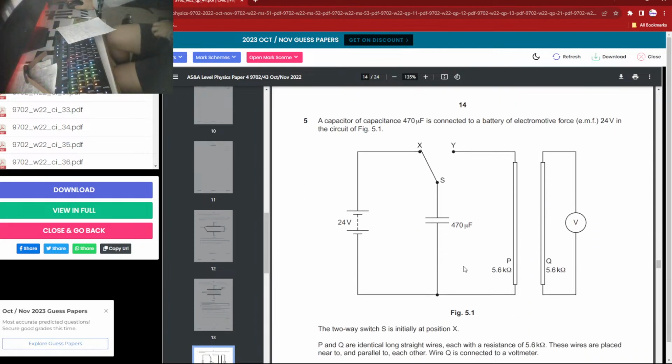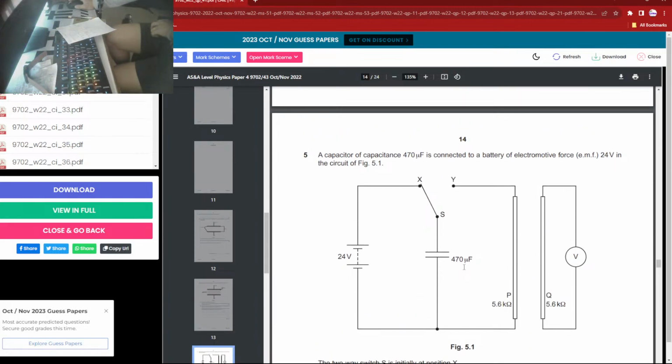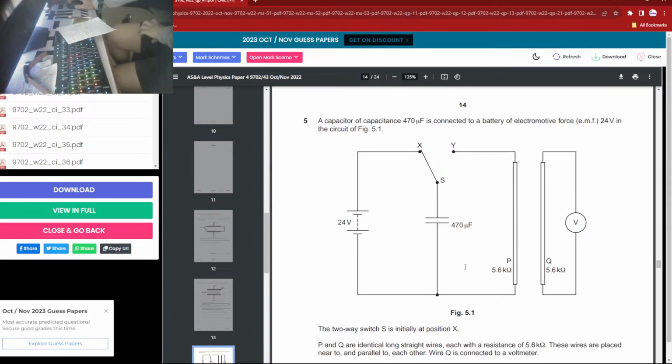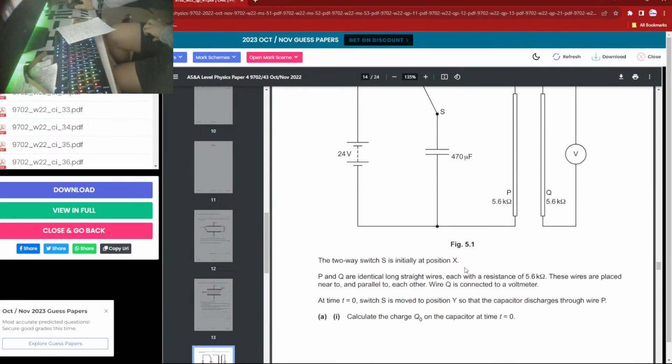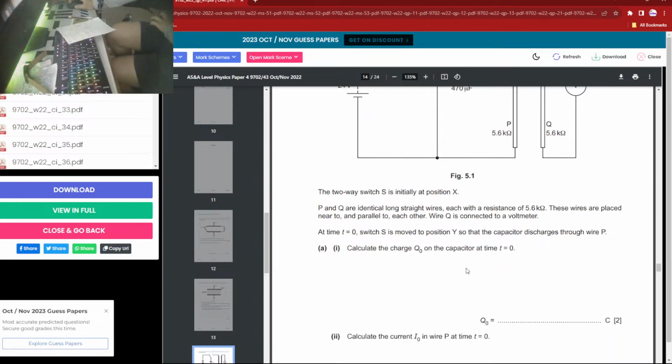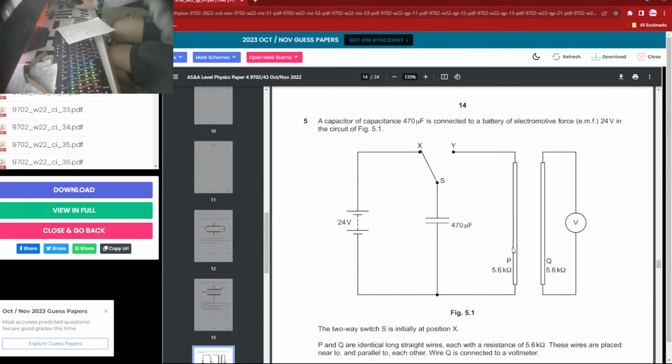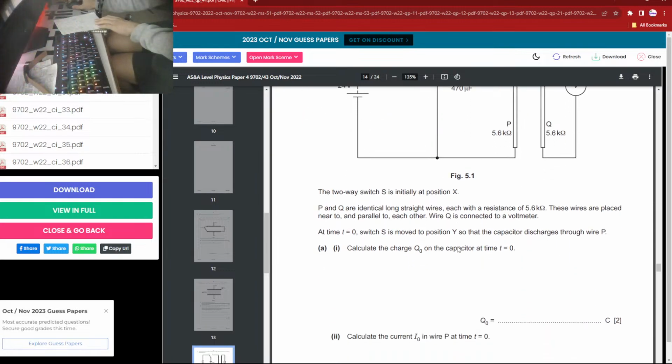Next one, 5. A capacitor of capacitance 470 micro is connected to an electric field. Okay, calculate the charge on the capacitor at time t equals 0. So the capacitor, we know it's 470 micro. Okay, so 5A 1.